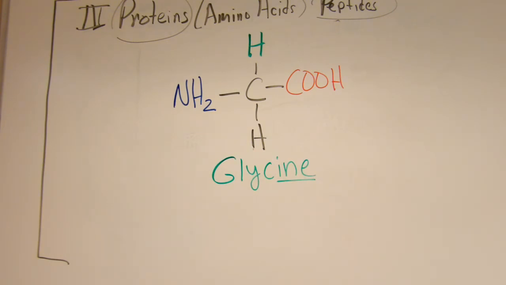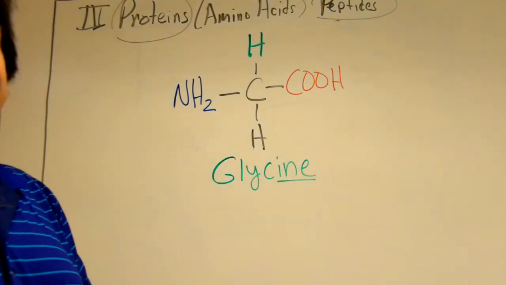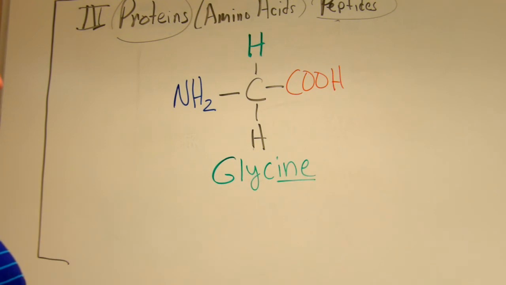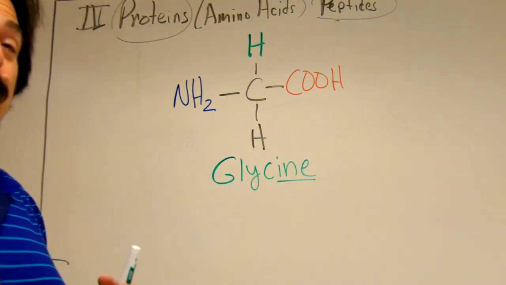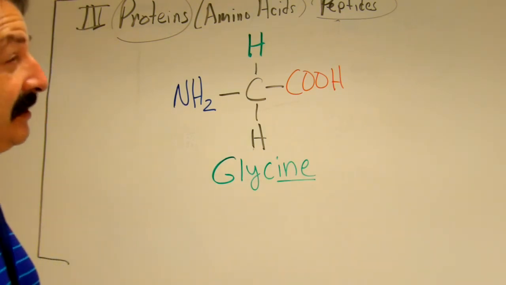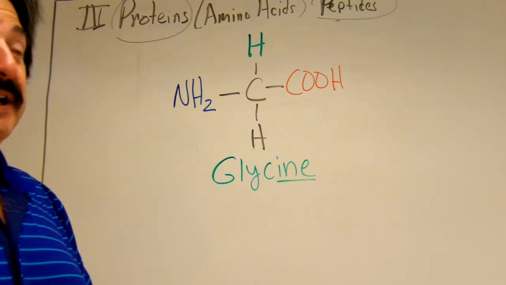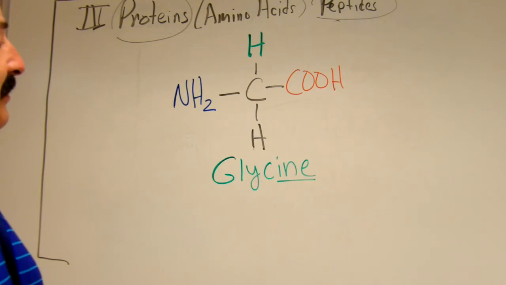Ine signifies the fact that you have an amino acid. 18 of the 20 amino acids in our body all end in ine. Glycine, threonine, serine, alanine, everything ends in ine. There are 2 amino acids that have the word acid, glutamic acid and some other acid. We don't need to know that.